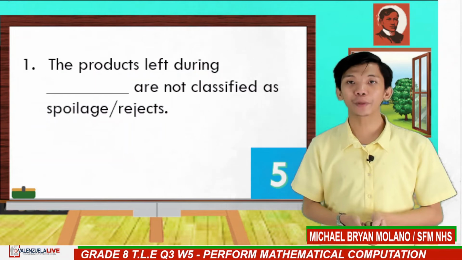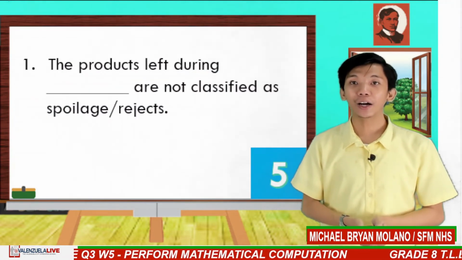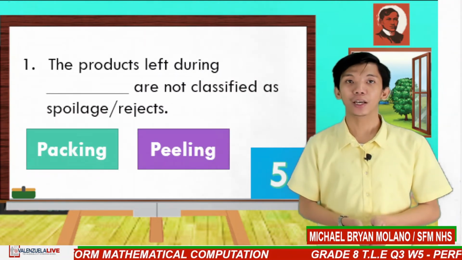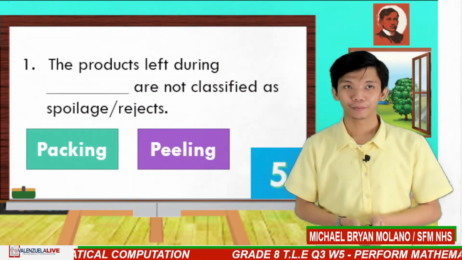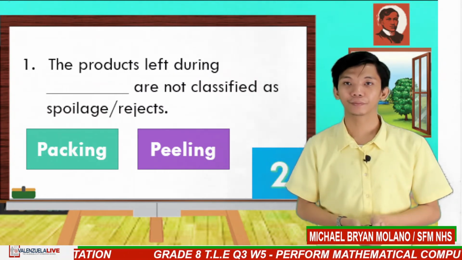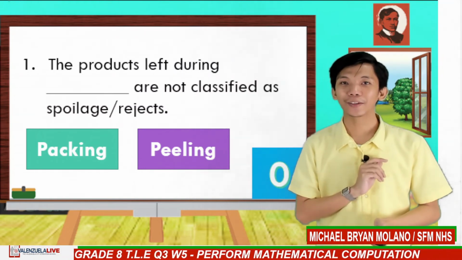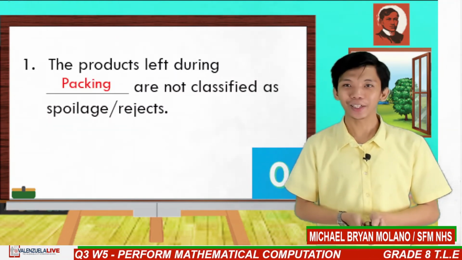For question number 1, the products left during blank are not classified as spoilage or rejects. You have 5 seconds. Time's up. And the correct answer is packing. Very good.